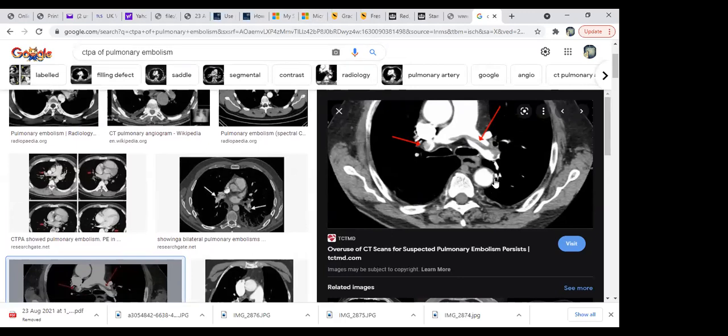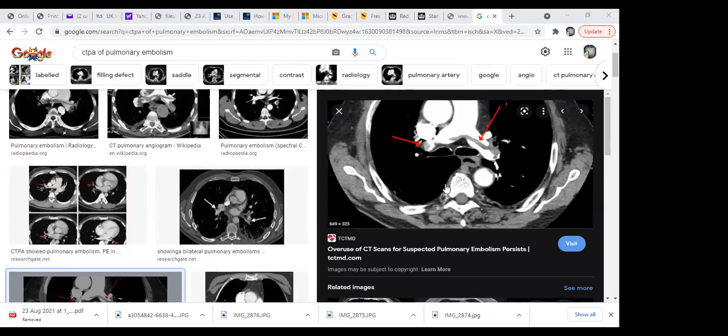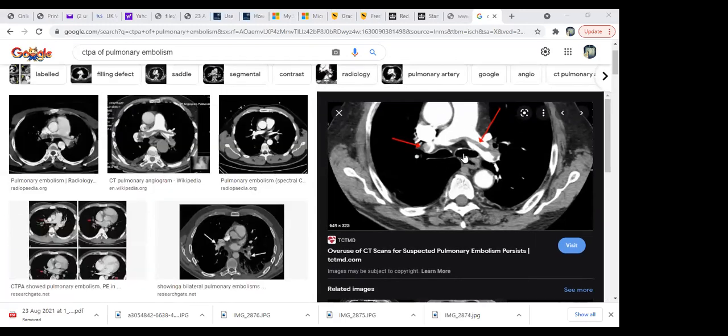So you can see that this is a system here. Basically, they've introduced a dye, and the dye has gone through the blood vessel and whatnot, but there's a part here in the dye which hasn't been filled, basically. Okay, so there's a filling defect.